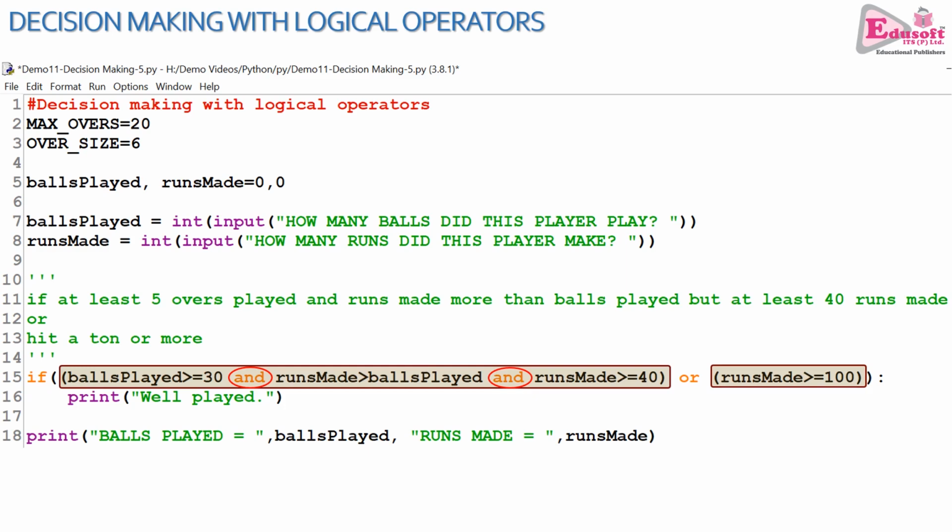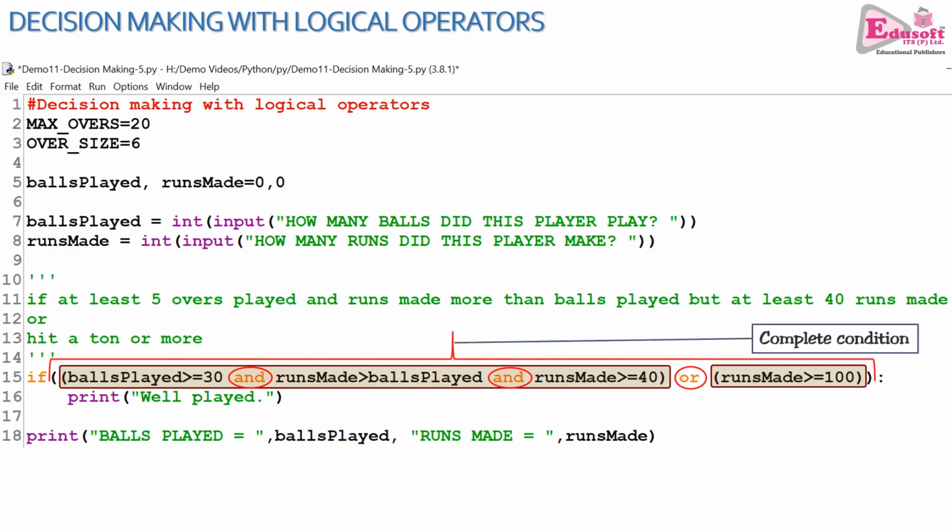Then the message well played will be displayed. So notice the use of operators, and the use of brackets along with the operators in the conditions. This entire set now makes the complete conditional statement. So this is how you will create compound conditions depending on the requirement.